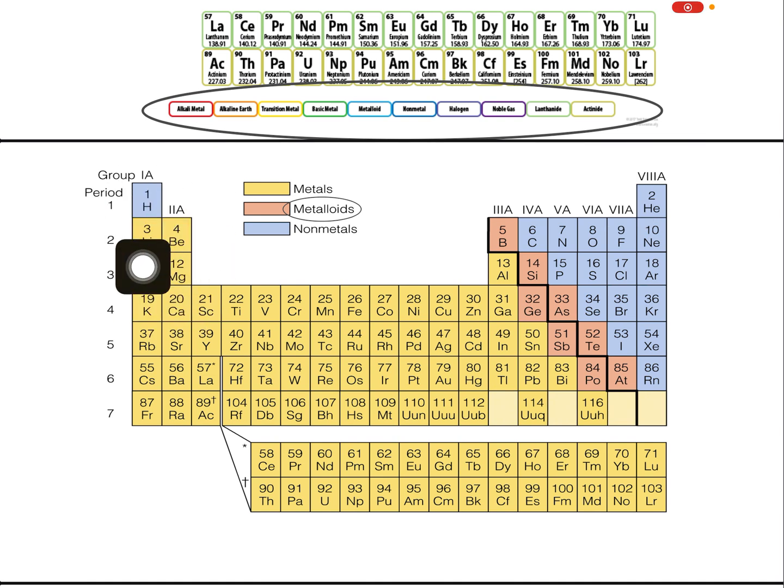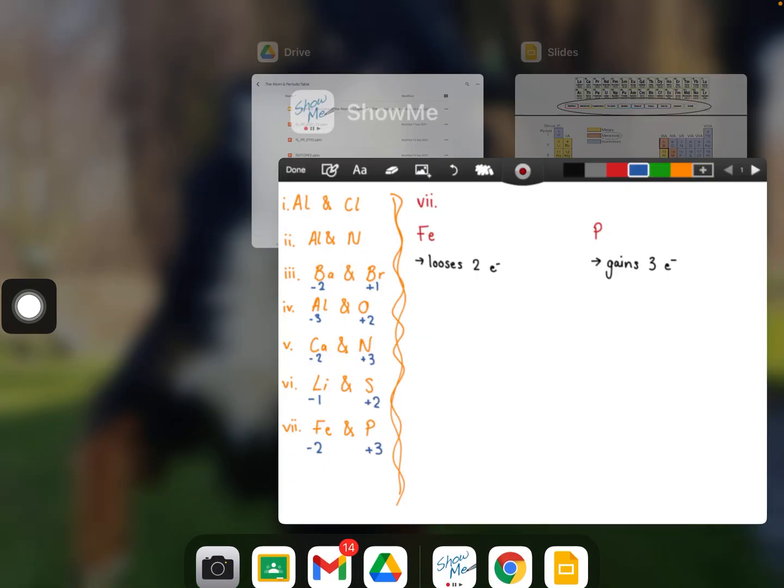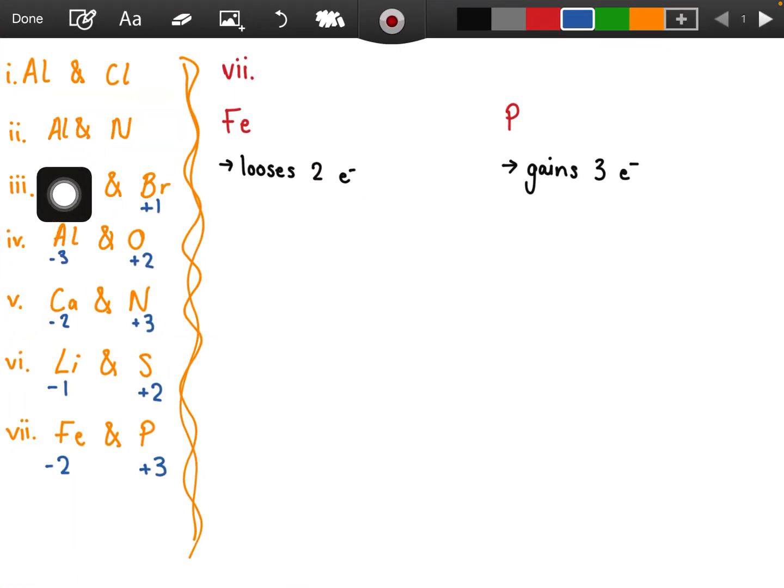Things like aluminium, nitrogen, oxygen, lithium, sodium are the ones you'll be asked for, because you'll be able to see by what group they're in how many electrons they have in their outer shell. Once we know how many electrons they have in their outer shell, we know how many they want to lose or gain. So iron wants to lose 2, phosphorus wants to gain 3.